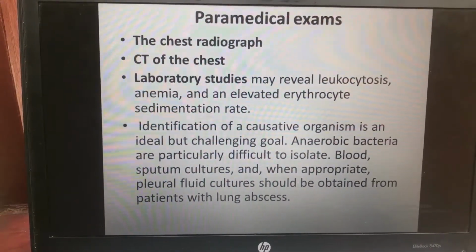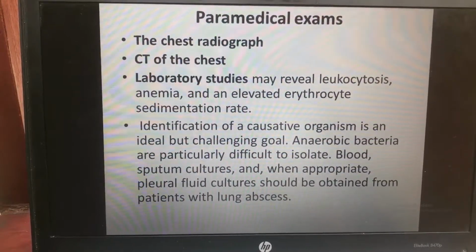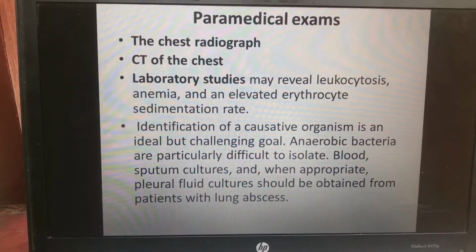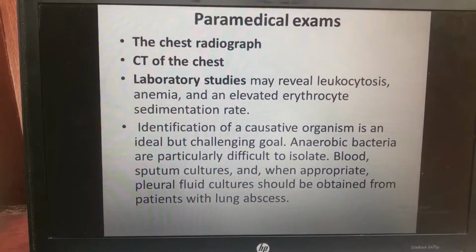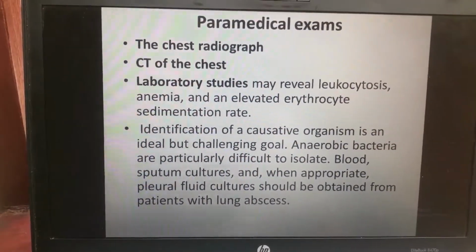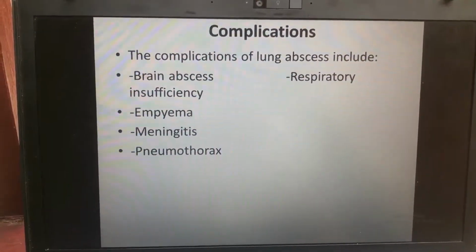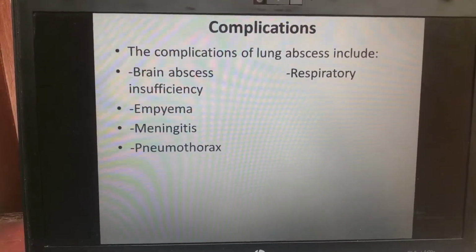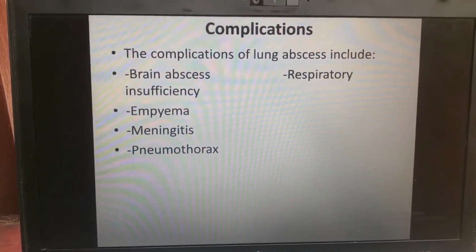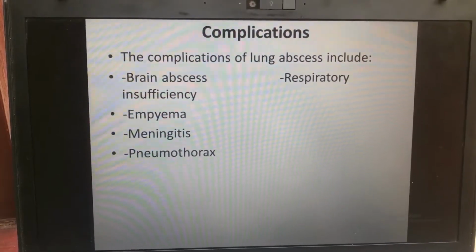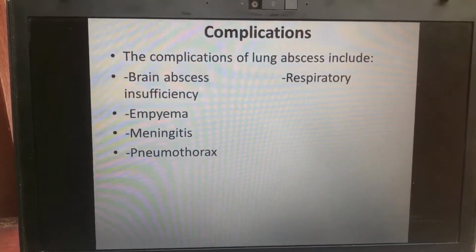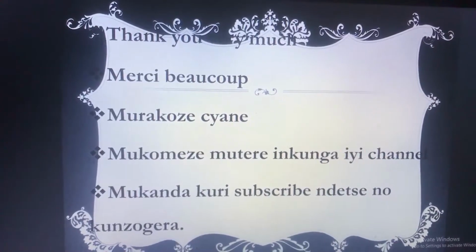Blood and sputum cultures and, when appropriate, pleural fluid cultures should be obtained from patients with lung abscess. The complications of lung abscess include brain abscess, empyema, meningitis, pneumothorax, and respiratory insufficiency.